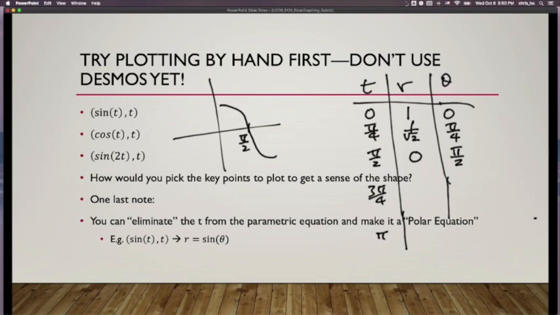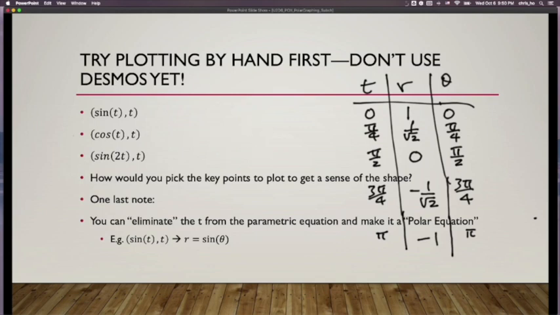So at the angle of 3 pi over 4, cosine is going to turn to minus 1 over root 2. And theta is just equal to 3 pi over 4. And then at pi, cosine of pi would be minus 1. And the angle, theta, is equal to t, which is equal to pi. So let's see if we can plot this curve out.